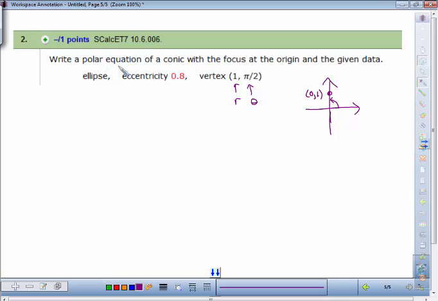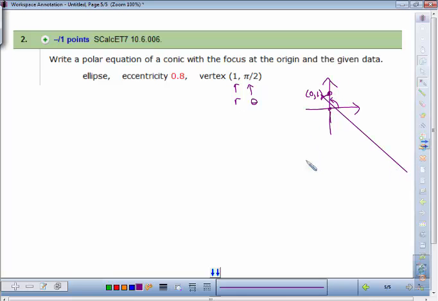So write a polar equation of a conic with a focus at the origin. So your focus is at the origin, and this is one of the vertices. So we can assume that this is a vertex on the major axis.